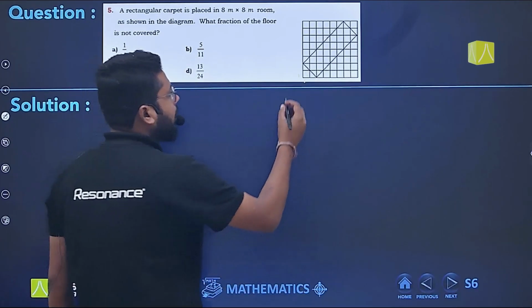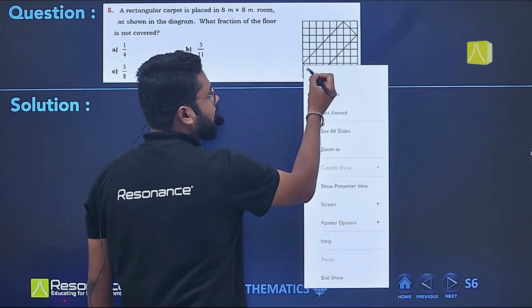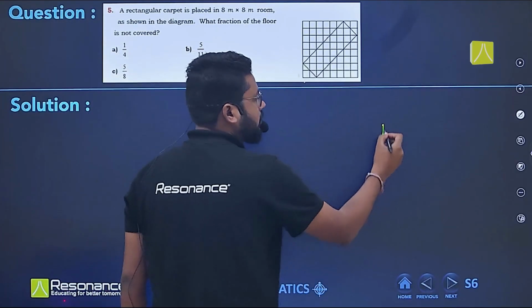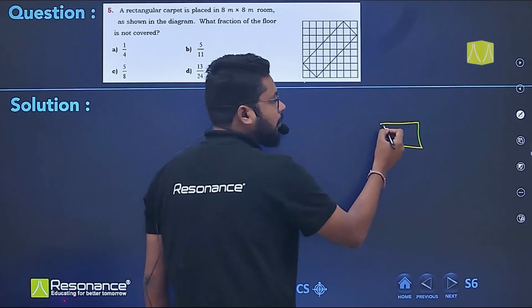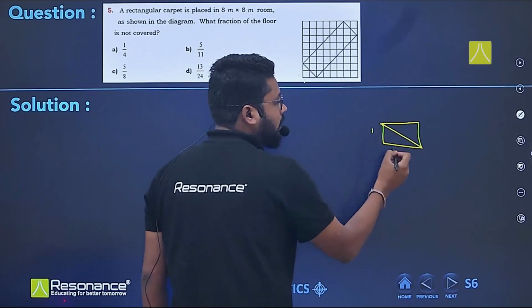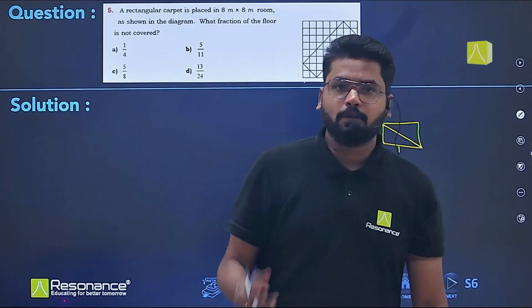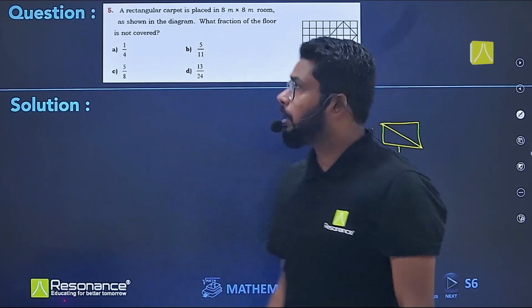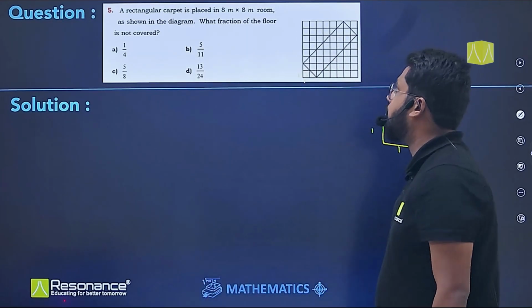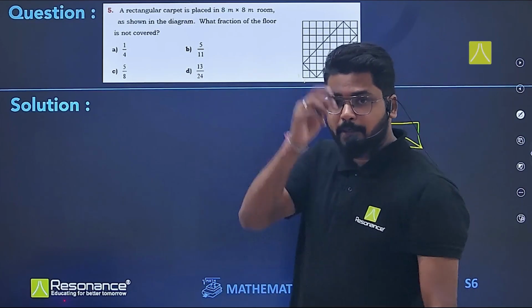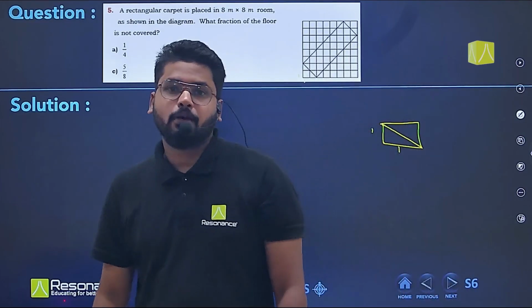If you try to find the value of this diagonal, suppose I am taking one block out. This is 1 and this is 1. Because it is given in the question that the rectangular carpet is placed in an 8 by 8 room, this means the big room is in the square shape. Only the carpet is rectangular.